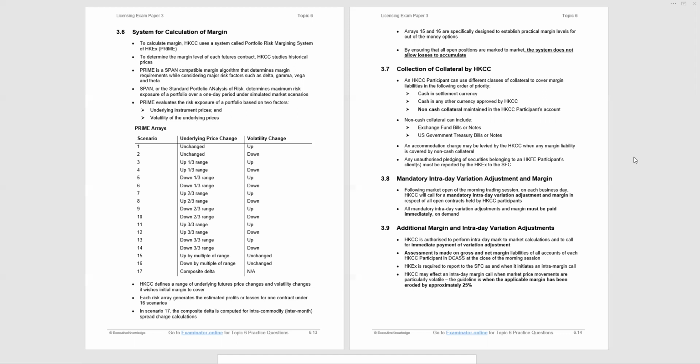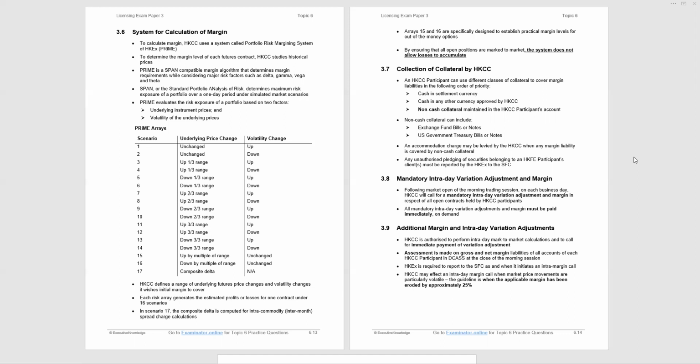Then we have mandatory intraday variation adjustment and margin, where they must mark to market on a regular basis each day. There's 3.9 additional margin intra-day variation adjustments, and that occurs where the market is particularly volatile, and you can get more than one mark to market, more than one calculation of variation adjustment during the day.